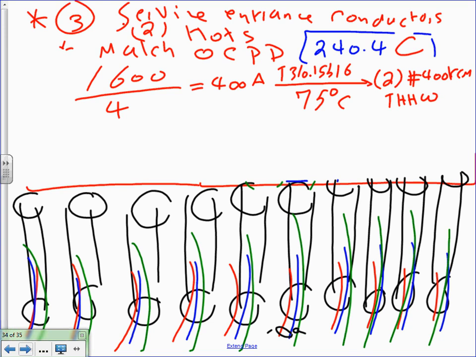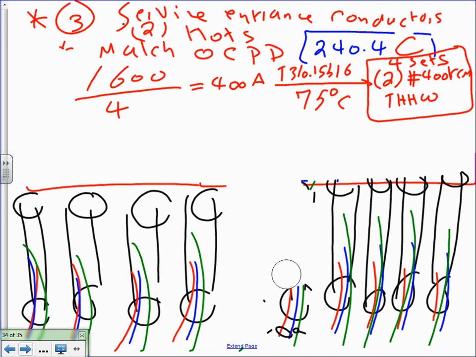And how many sets? 4 sets. Here's the answer: 4 sets, 2 conductors, number 400 kcmil. So Chad is going to erase 1, 2, 3, 4, and erase the rest of them here, because that's 4 sets.